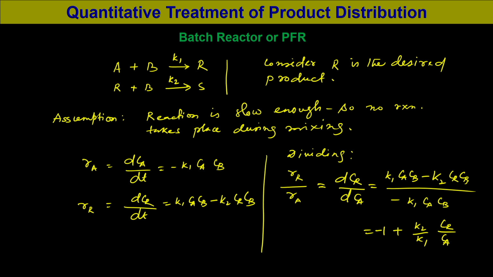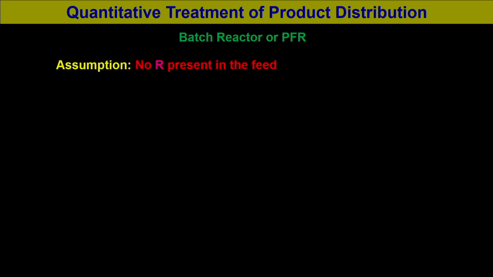Now, if we assume no R is present in the feed, that means CR naught is equal to 0 initially, and CA initially present is CA naught.